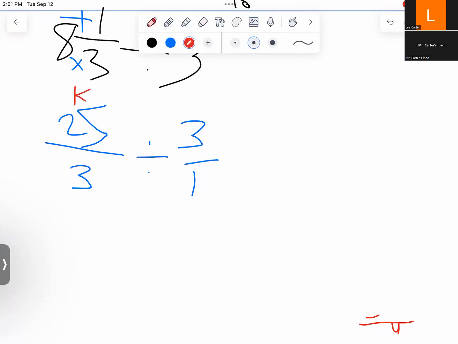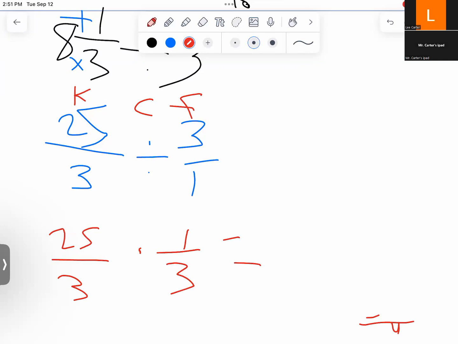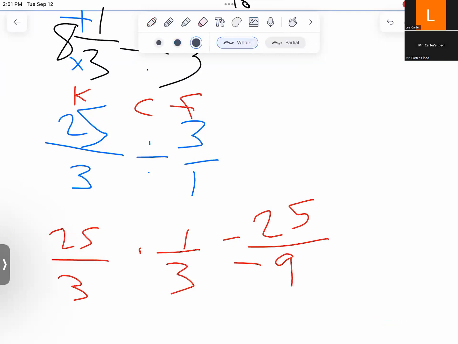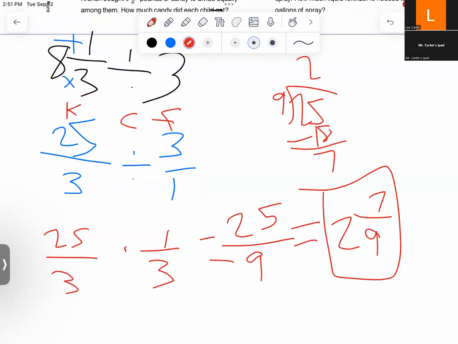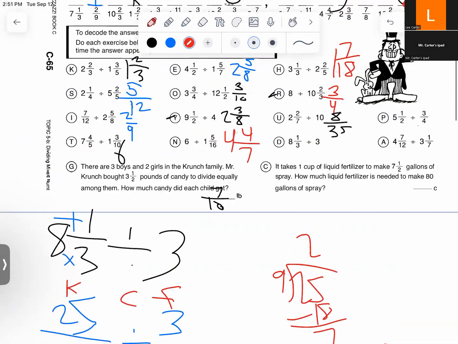We're going to keep 25 thirds. We're going to change to multiplication. We're going to flip to 1/3. So that's going to give us 25 over 9, which is no good because that is improper for an answer. So that's going to be 9 into 25. That'll go in twice, 18. Remainder 7. So 2 and 7 over 9. So D is 2 7/9.